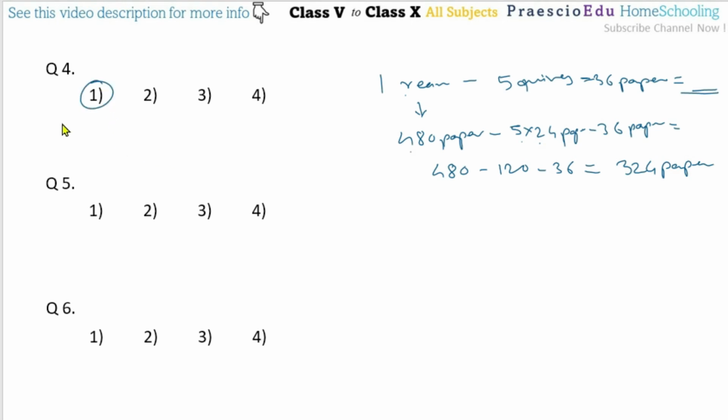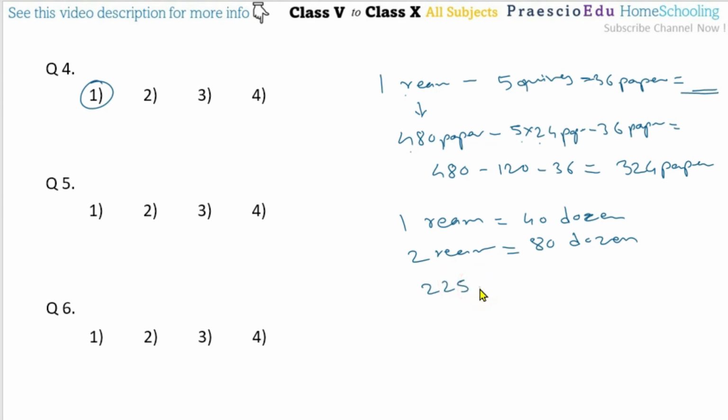Now question number 5. Out of 225 dozen paper, 2 reams of paper were used for printing. How many dozen papers remain? So the total is 225 dozen. For this one, as we know, one ream is equal to 40 dozen. So 2 reams is equal to 80 dozen, and there is a total of 225.